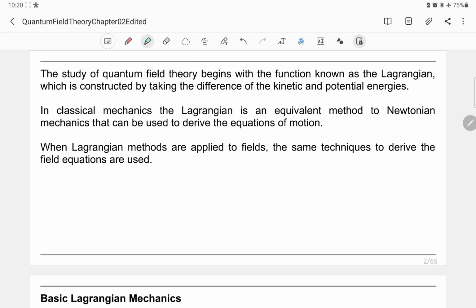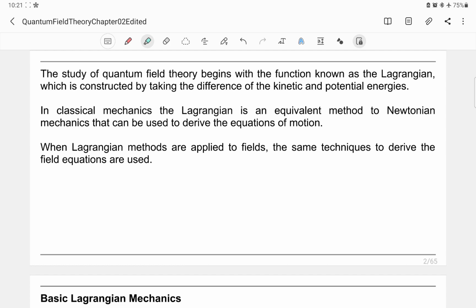In this chapter, we'll be studying Lagrangians and Lagrangian densities. The study of quantum field theory begins with functions known as the Lagrangian. A system has a Lagrangian, which is constructed by taking the difference of the kinetic and potential energies.